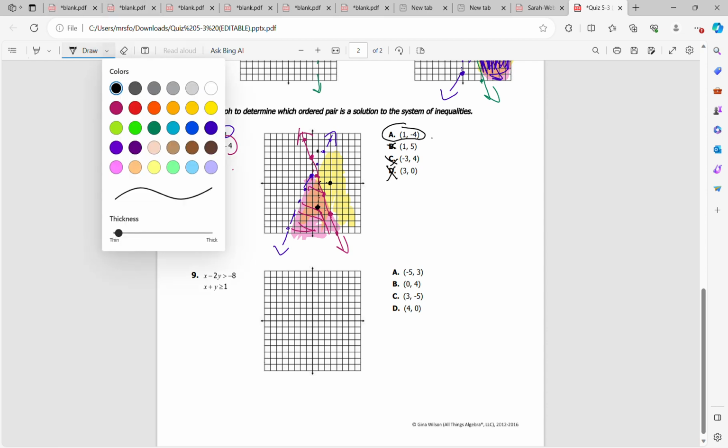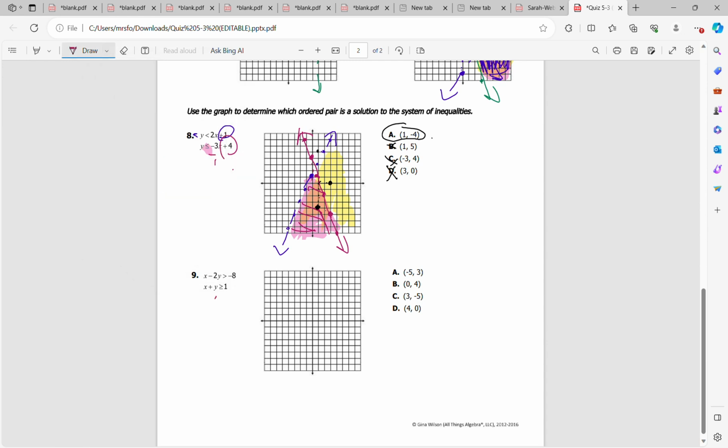So the last one, we look at number 9. The first thing we would want to do is get y by itself. So when you do that, you're going to end up having to flip the sign, and that would be y is less than 1/2 x plus 4.